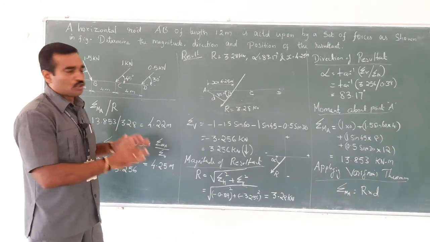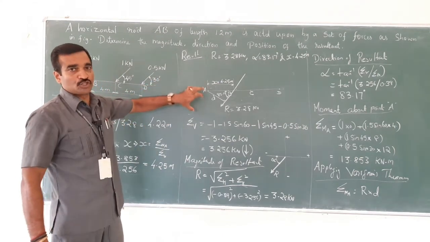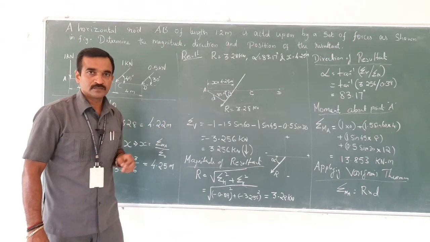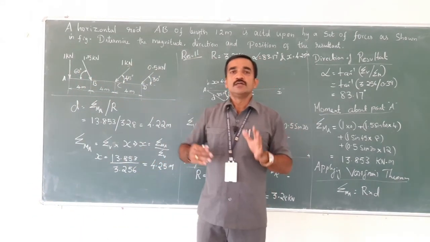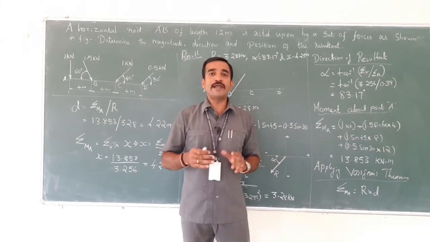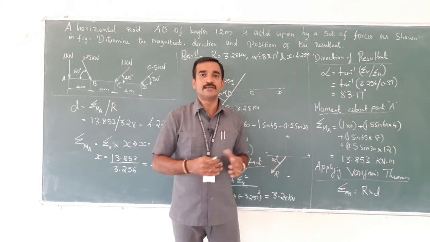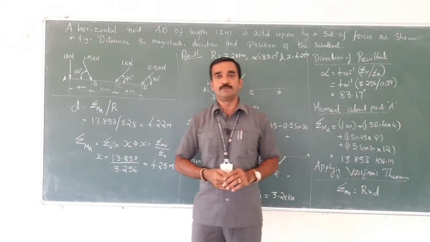So this is how you have to represent the result. We need to show in which direction this resultant is acting. Hope you have all understood how to solve a problem pertaining to Varignon's theorem, to find the magnitude of the resultant, the direction of the resultant and the position of the resultant. You have to show the graphical representation at the end of the problem. Thank you.